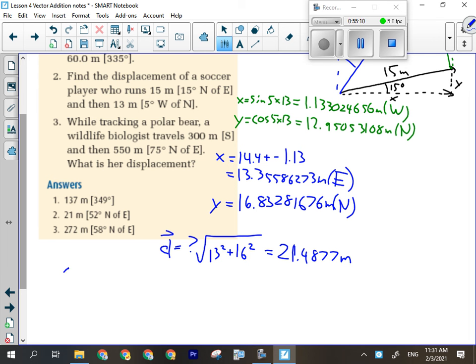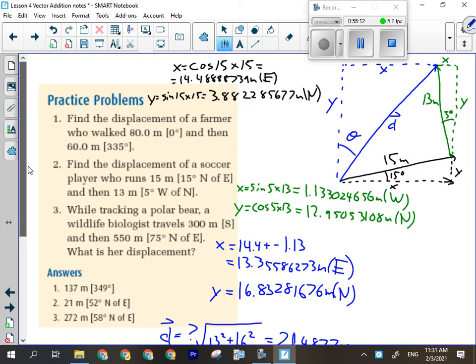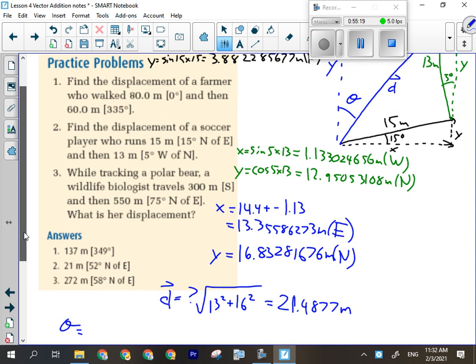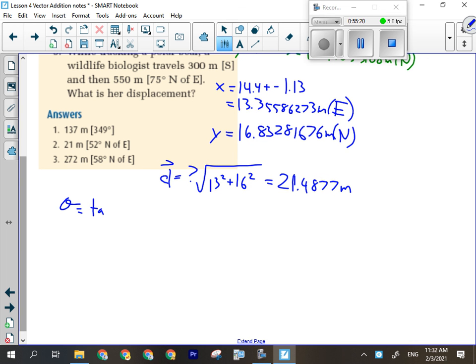And then we have to find theta, right? The way I drew the triangle, x is opposite and y is adjacent. Okay, so I'm going to go tan to the minus 1 of x over y.